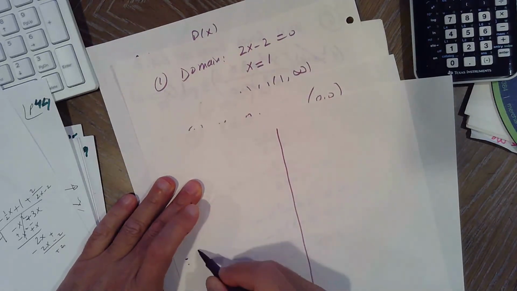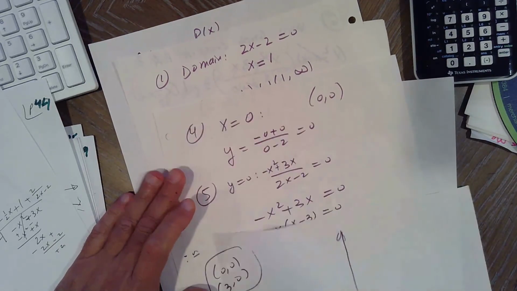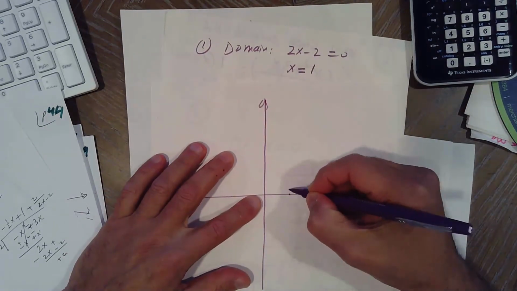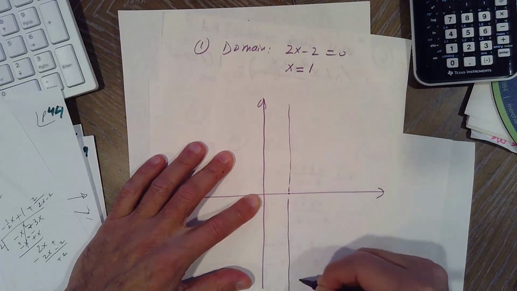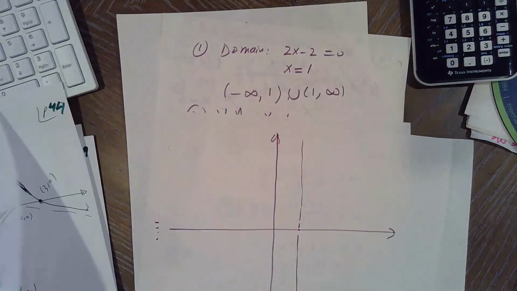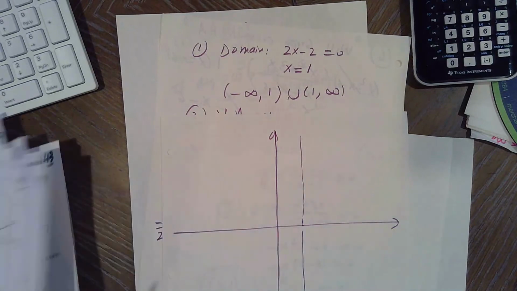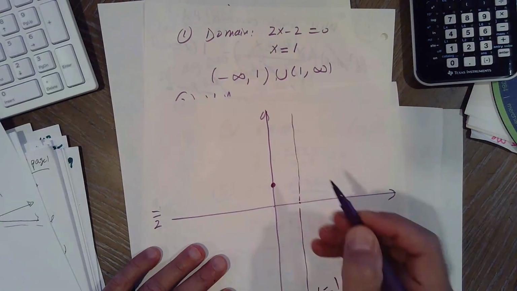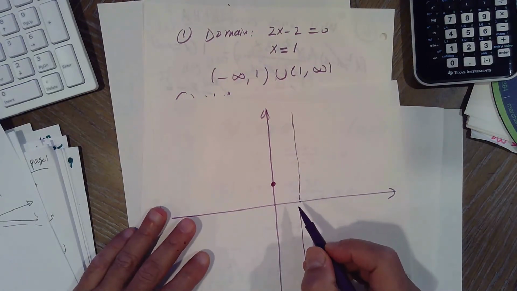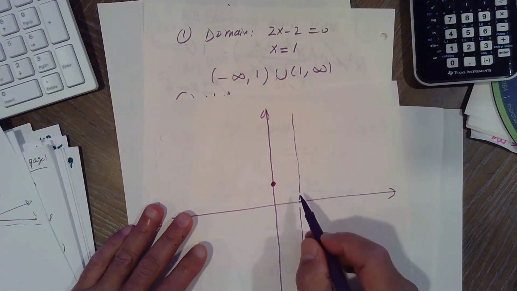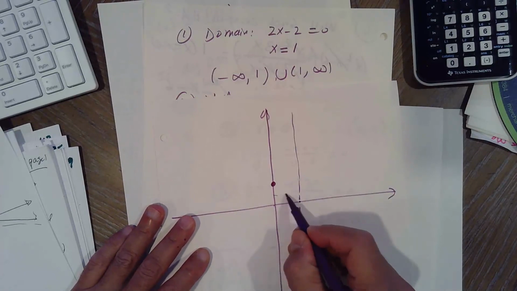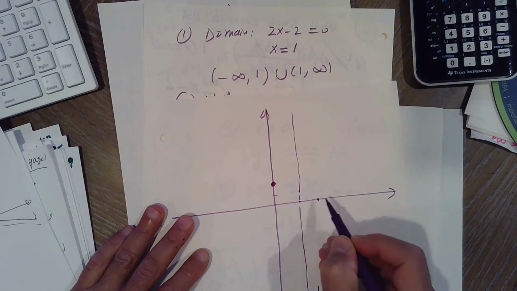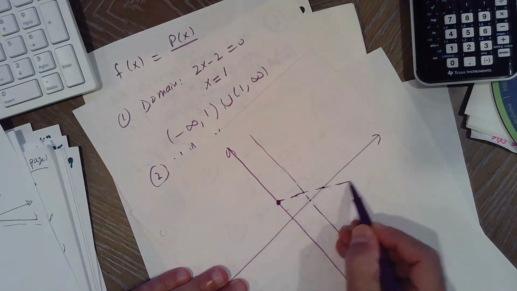So now if we want to graph it, we have a vertical asymptote at x equals 1. We have a slant asymptote at y equals negative 1/2 x plus 1. So when x is 0, y is 1. When x is 1, y is 1/2. When x is 2, y is 0. So I'm just plugging values in to get the slant asymptote.